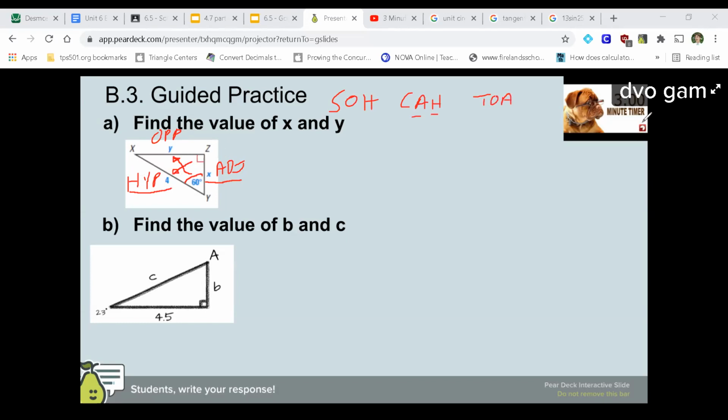Adjacent and hypotenuse is cosine. So the cosine of any angle is adjacent over hypotenuse. If we plug in our values, our angle is 60 degrees. The adjacent side is x. And the hypotenuse is 4.